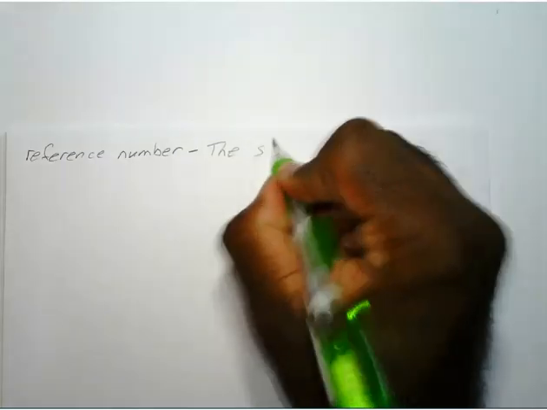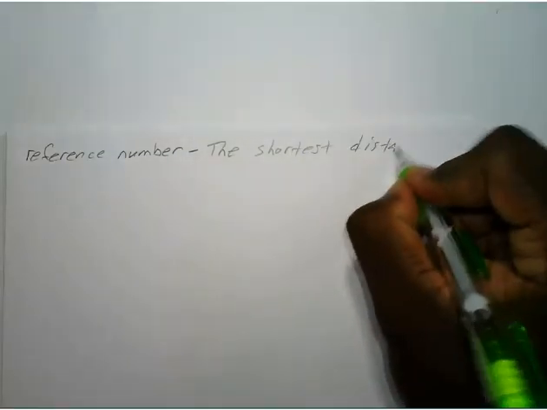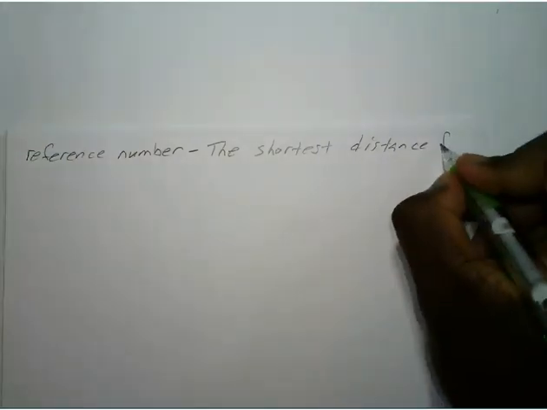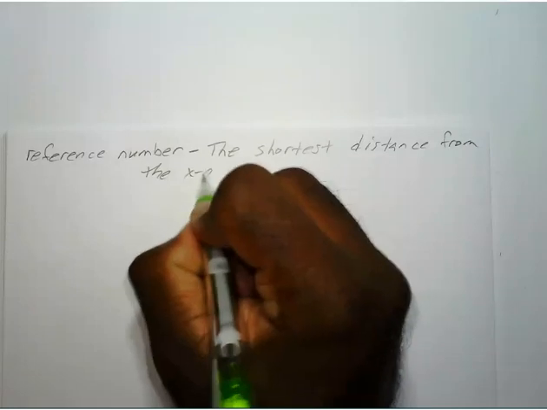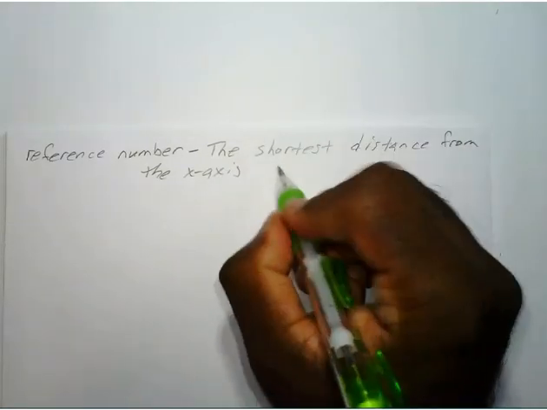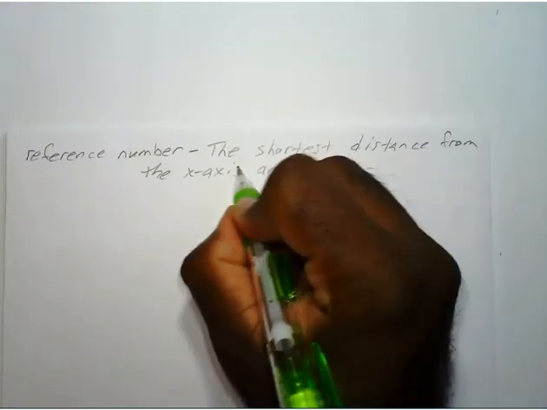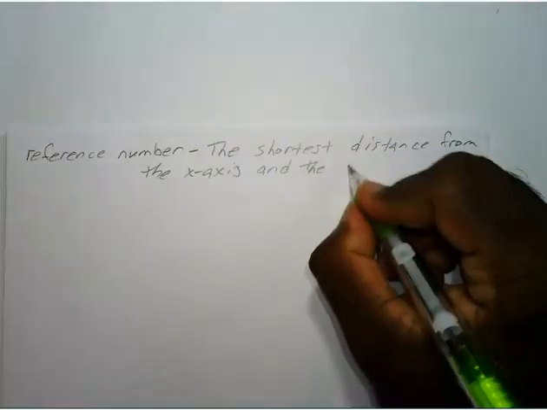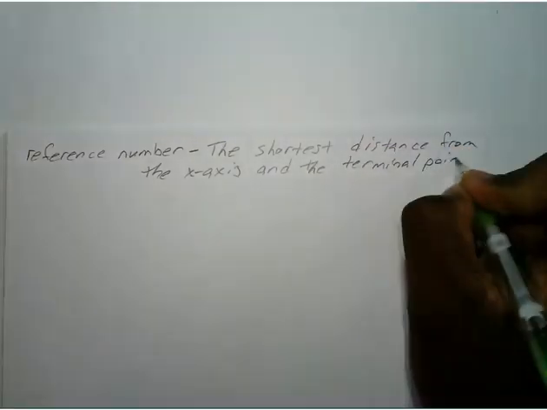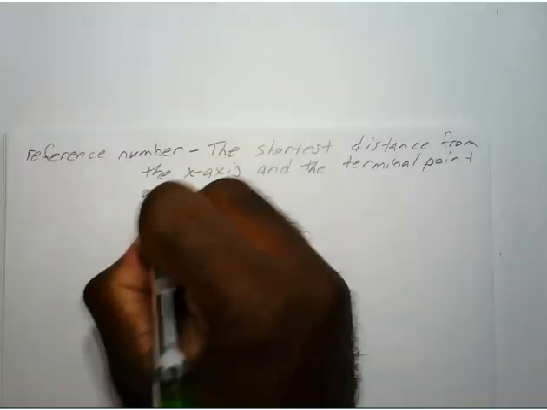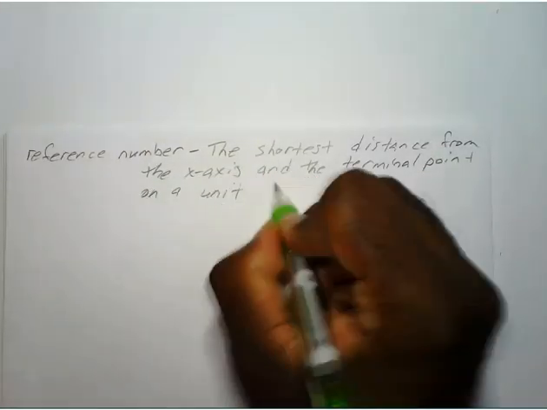The shortest distance from the x-axis and the terminal point on a unit circle.